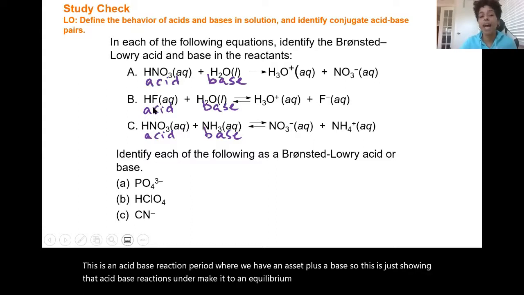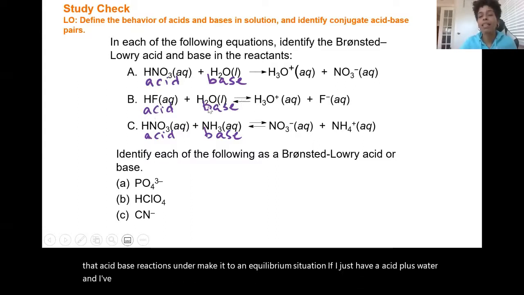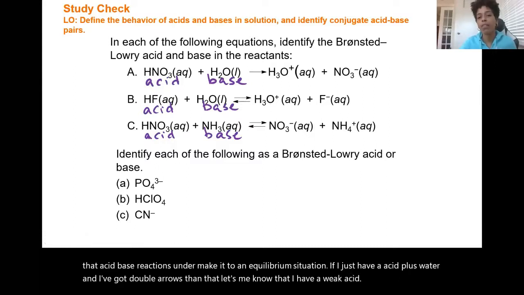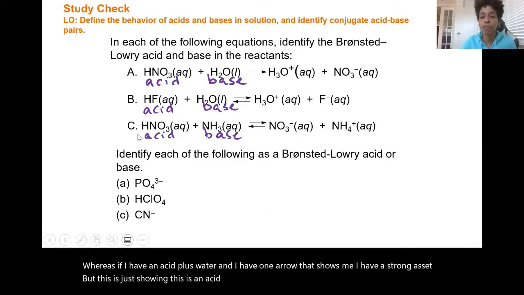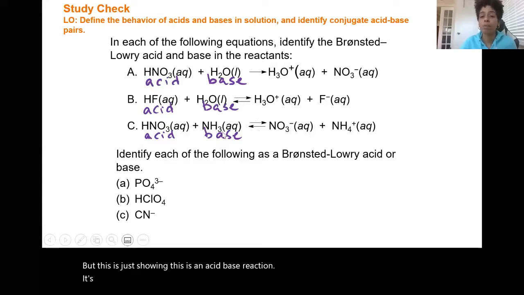If I just have an acid plus water and I've got double arrows, then that lets me know that I have a weak acid. Whereas if I have an acid plus water and I have one arrow, that shows me I have a strong acid. But this is just showing an acid-base reaction, where equilibrium can occur with these two reacting together.